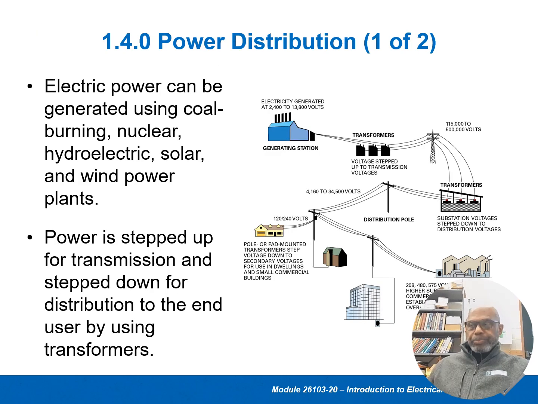Power distribution, of course, starts out at the power plant where they're producing electricity. They produce it in different ways. Usually they use another source, such as coal, natural gas, or some other type of fuel, to heat water in a boiler to generate steam.